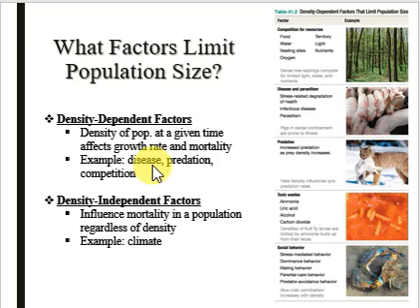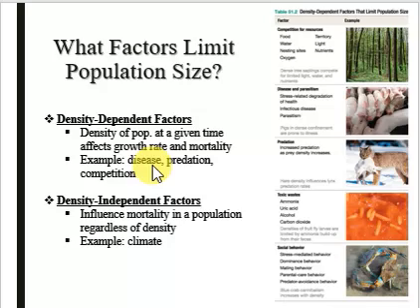So regardless of what the population size is, or regardless of the population's density, they will exert their influence on that population. So that's why we refer to them as density independent. The effect of that factor on the population doesn't depend necessarily on the growth or the size of that population.